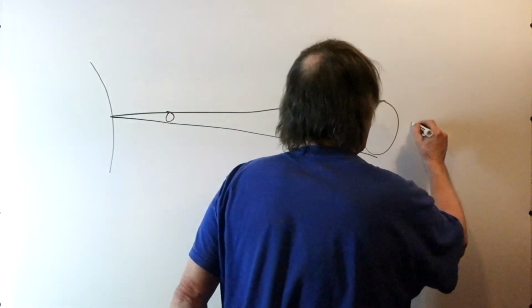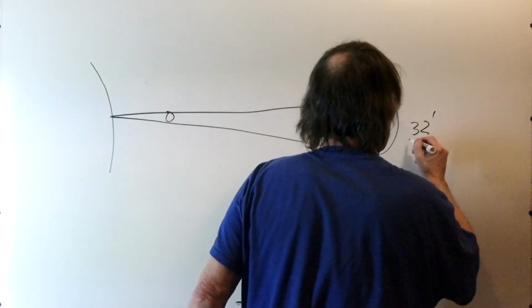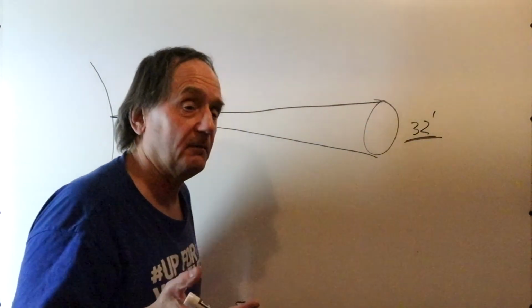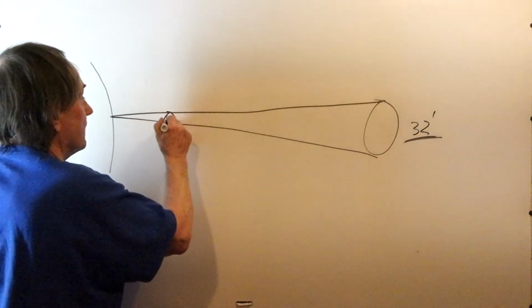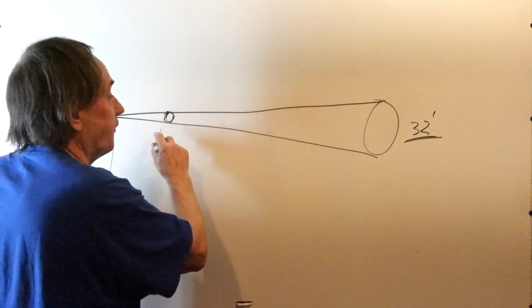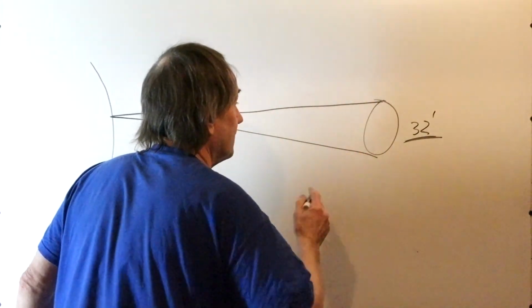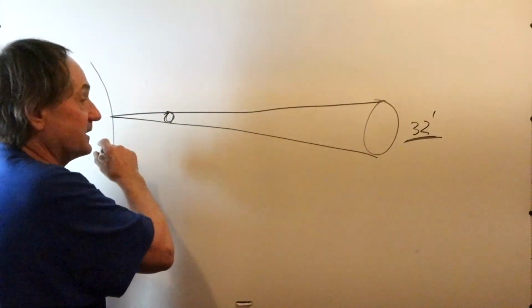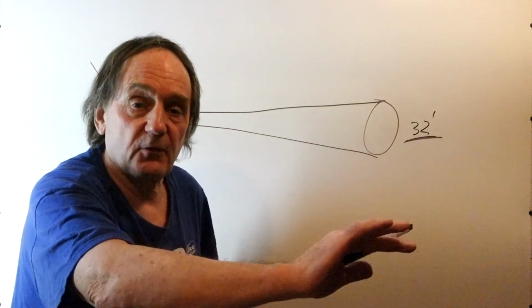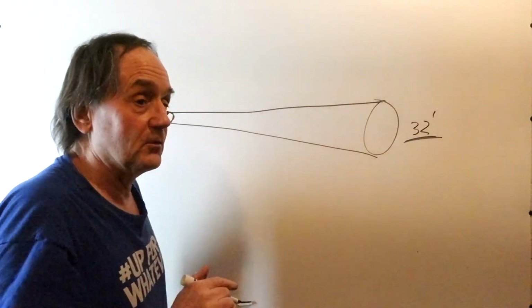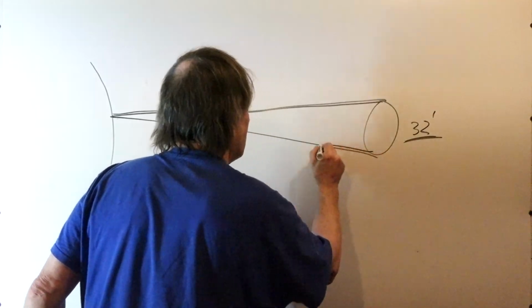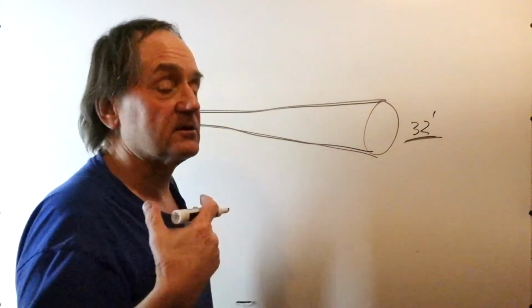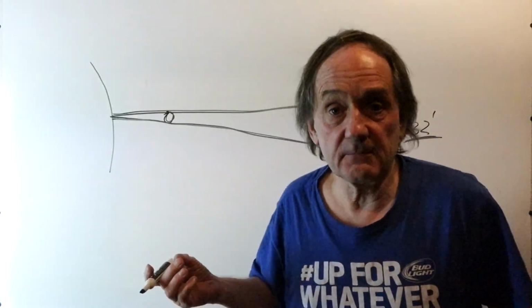They're about 32 minutes in diameter, or a little more than a half a degree. Well, the moon is 1/400th the diameter of the sun, but the sun is 400 times further away from the Earth than the moon. So they both subtend the same angle.